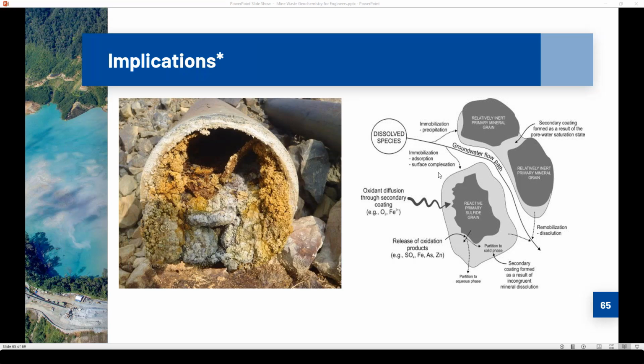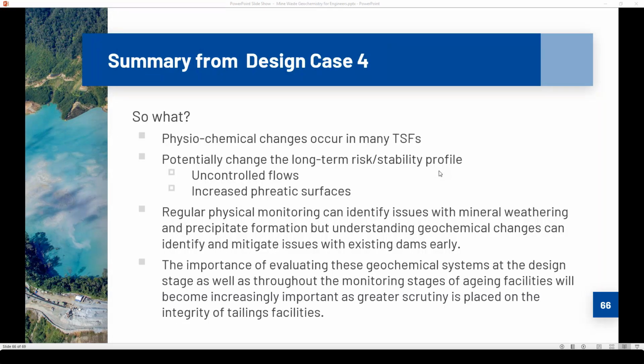The implications for engineering are that we can then get aspects like flows where we haven't engineered it, we can get buildup of pore pressures, or we can get drains which do not meet their design mine life because of the formation of precipitates. So there are ways for us to understand that and to design around that.